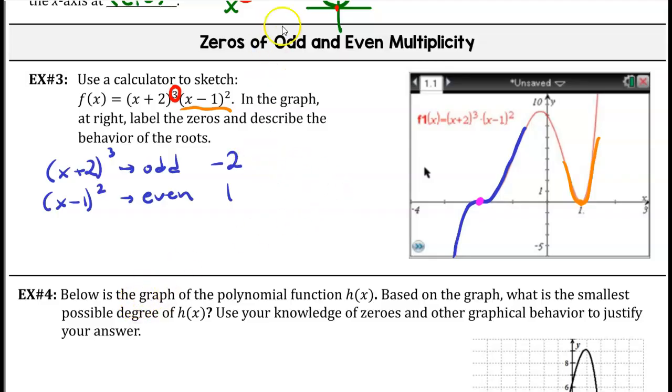And we can say this has a multiplicity of 3, and this has a multiplicity of 2. So it crosses here at the odd, and it bounces or is tangent at the even. Odd, crosses through; even, bounces.